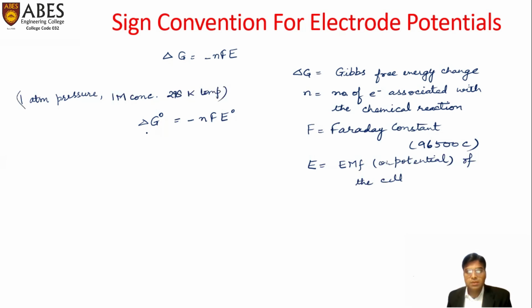We know that delta G naught, if negative, shows the spontaneity of the reaction. So we can show this equation as minus delta G naught equal to NFE naught. So if delta G naught is negative, the reaction should be spontaneous.